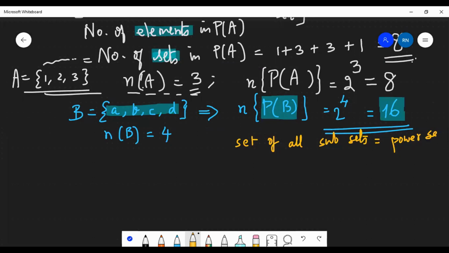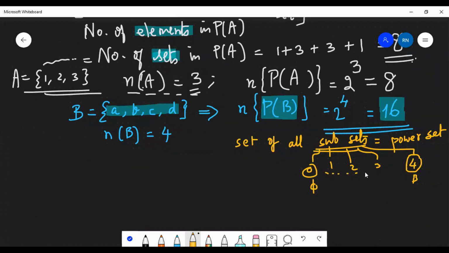Yes, so you have to think of all possible subsets. That's why we are going in order: 0 element subset, 1 element subset, 2 element subset, 3 element subset. B has 4 elements, so you go till the 4 element subset, which will be B itself. The first one is always the empty set.